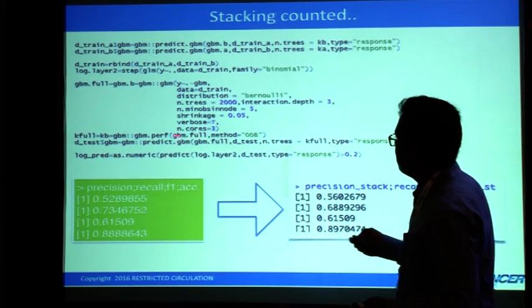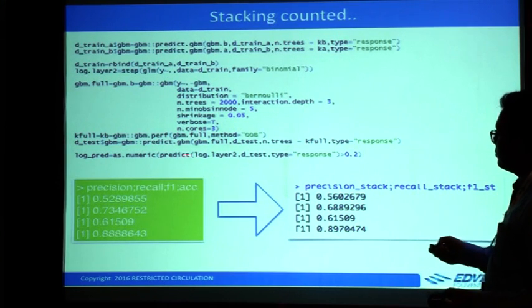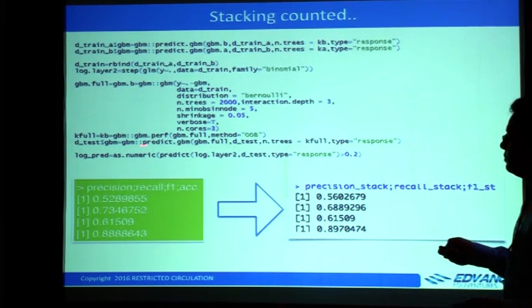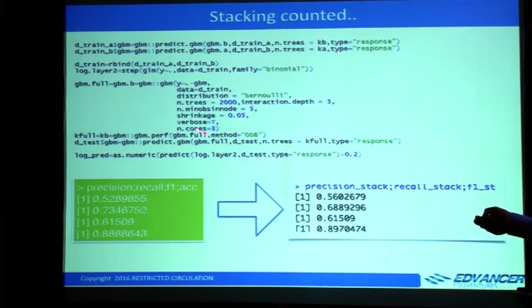Now I make the full model, GBM full, on both the data taken together, that first layer of model again, and use that to make the GBM feature on the test data. And then the second layer of model that I have built, I'm making use of that as prediction on the test data. Let me repeat the process again.